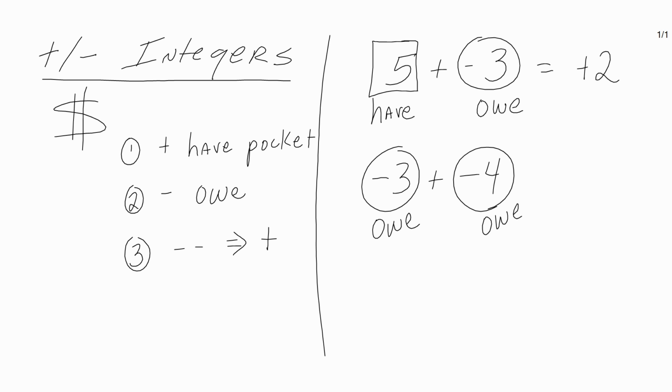Don't sit there and say, oh, I have $7, it'll be positive 7. What world do you live in? If you owe Visa $200 and you owe MasterCard $400, you don't have $700 in your pocket, or $600, whatever I said. You owe Visa and MasterCard. If you owe somebody $3 and you owe somebody $4, you owe what? $7.